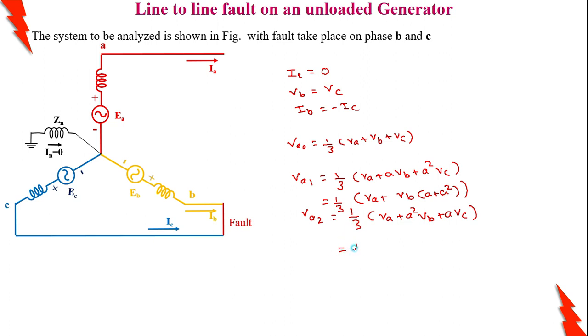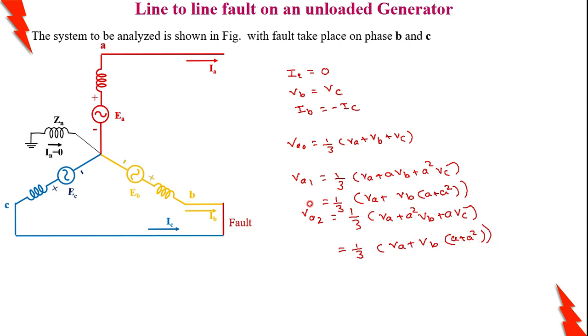Then here also, VA2 is 1 by 3 (VA plus, once again VC replaced by VB, VB taken common), and in the bracket we again get A plus A square.